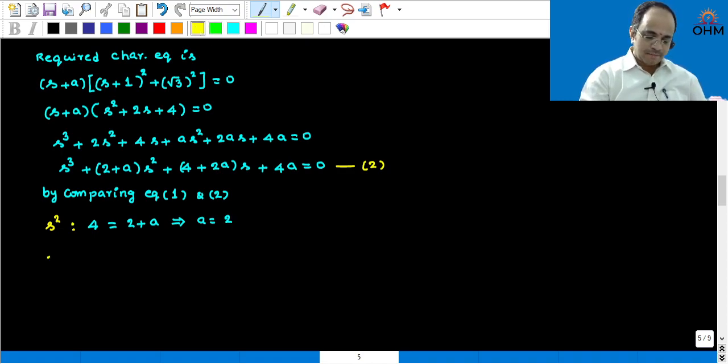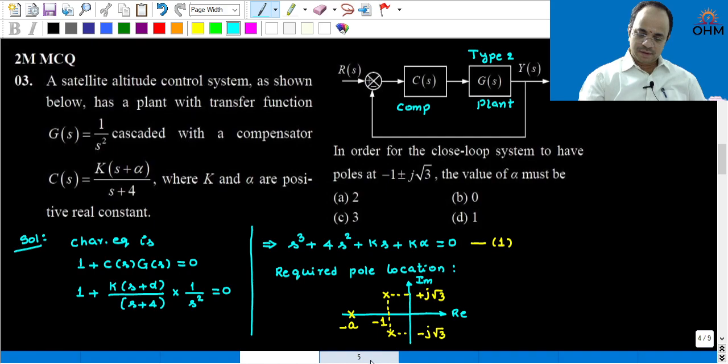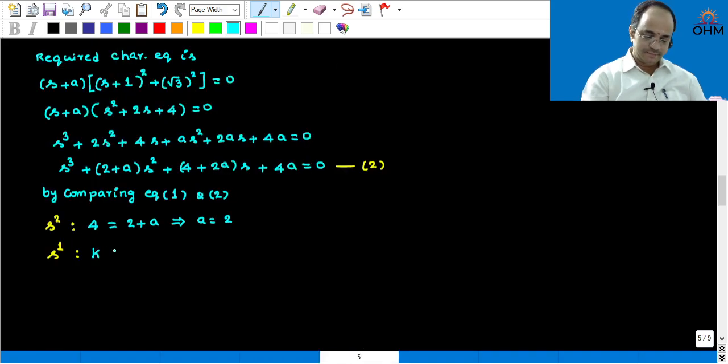Next, by comparing the S power 1 coefficients, in equation number 1 that is K, in equation number 2 that is 4 plus 2A. Therefore, you will get the K value equal to simply 8.